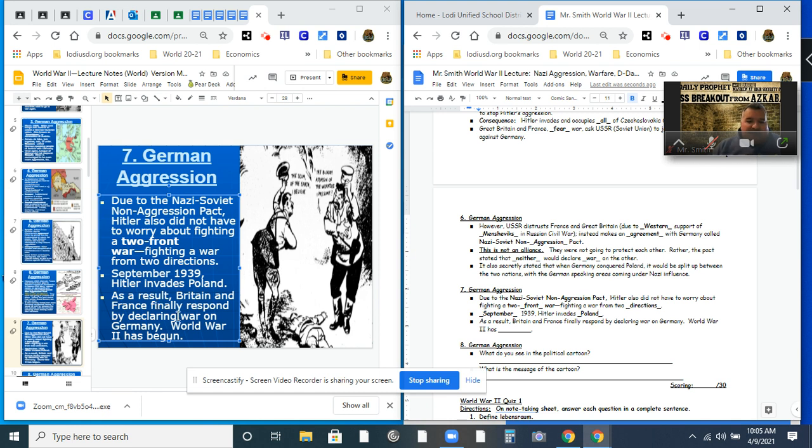Britain and France finally declare war in response because Poland was an ally, even though they didn't have military resources there to really help Poland. Sorry, World War Two had begun, but this invasion is the start of it.